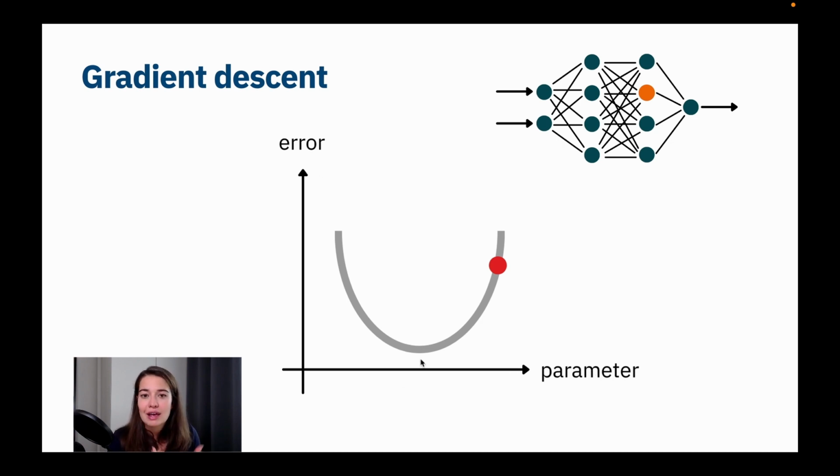So if it looks as simple as that, that means if I move 1 unit to the right, the error will go from here to here, so it will get a little bit higher. If I'm here, let's say this is the point where we are, then if I move to the left, the error is going to be this much lower. So this is what backpropagation does.